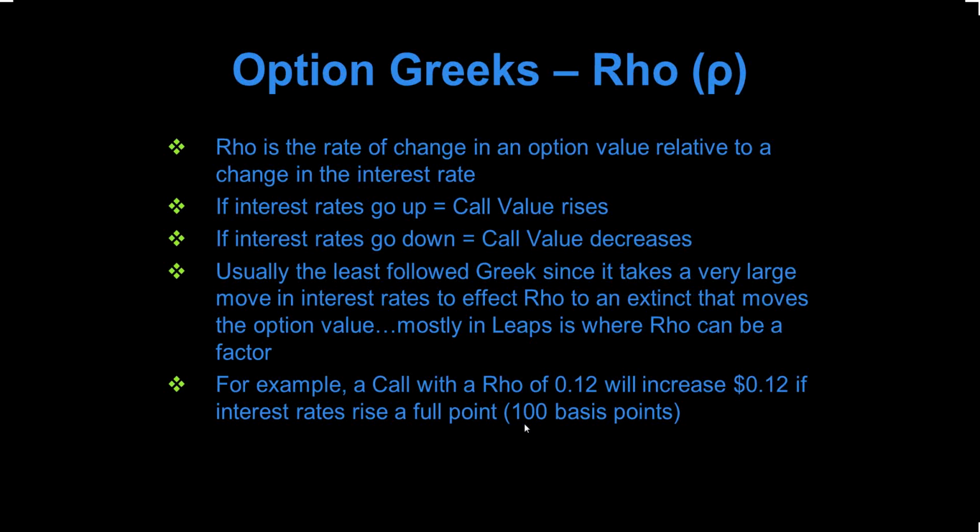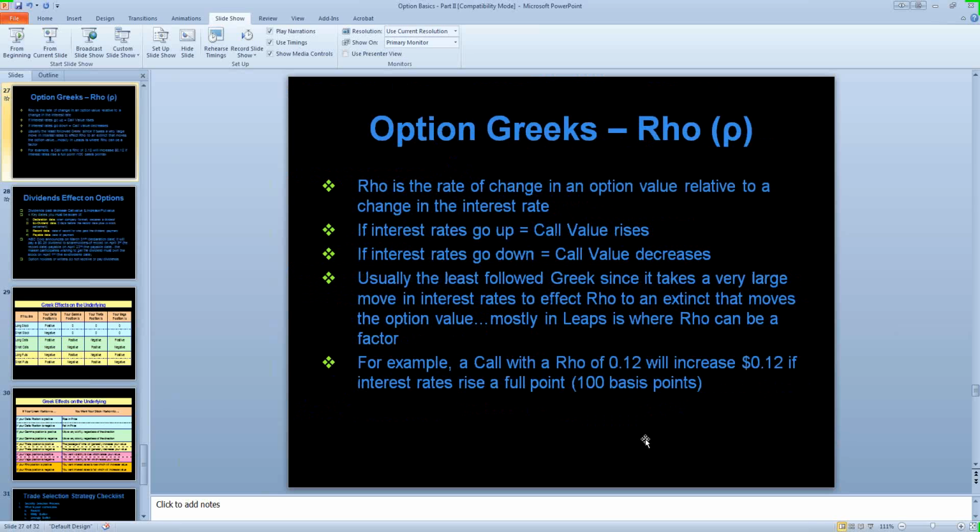And that's not on a quarterly basis, that's on an annual basis. So you divide that by 4 and you get 3, so it's just not worth the effort with Rho, especially since most of these have a .001 or .01 or something like that, because you're usually trading 3 to 6 months out. So that's pretty much how that one works.